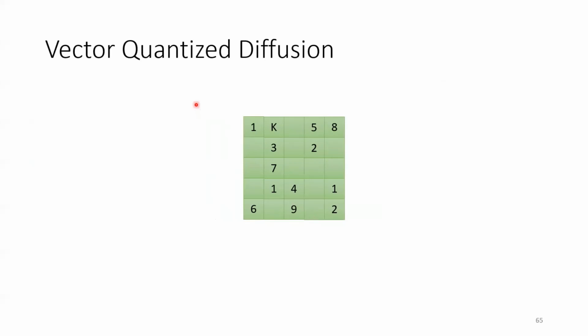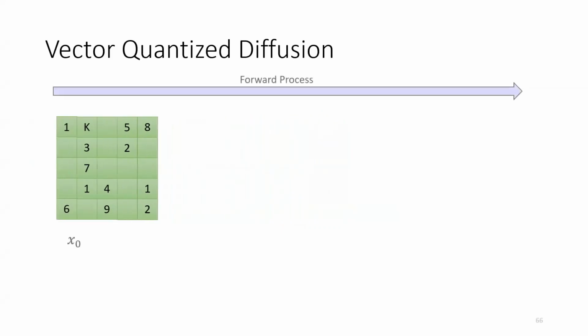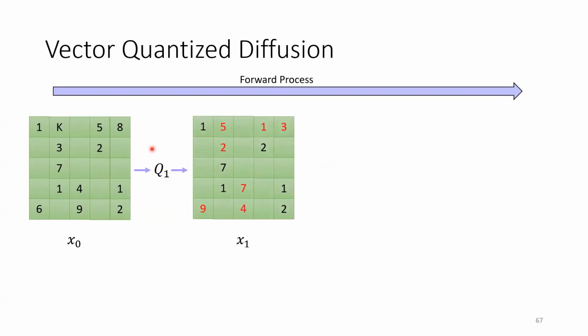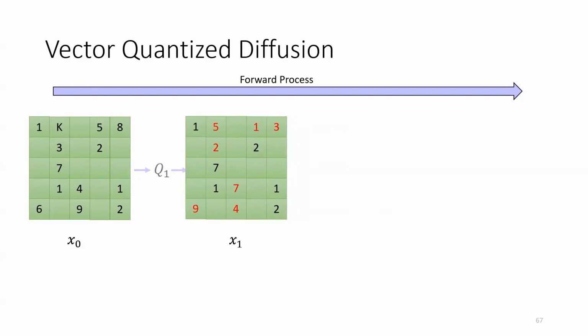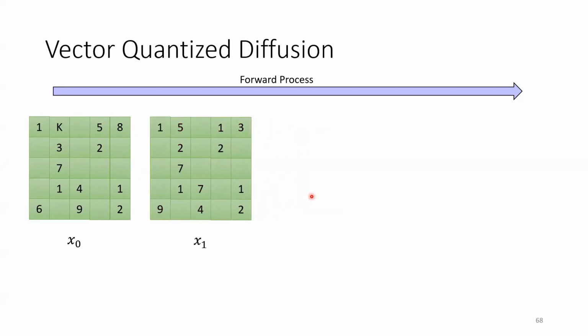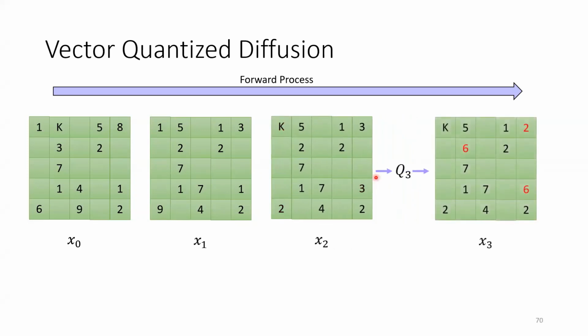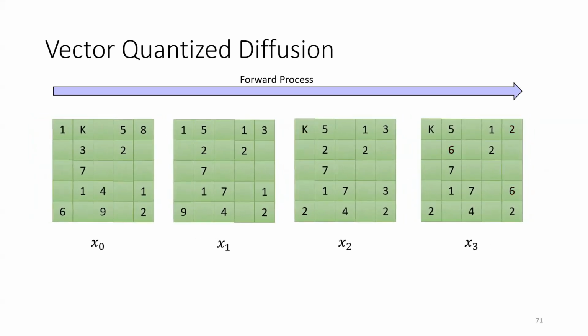Moving forward, in vector quantized diffusion, let's say this is the input code representation. In the forward process, we will use the Q1 transition matrix and replace the tokens. I have marked with red all the tokens that have been replaced. Then we'll use Q2 to get X2, and then Q3 to get X3, and so on.